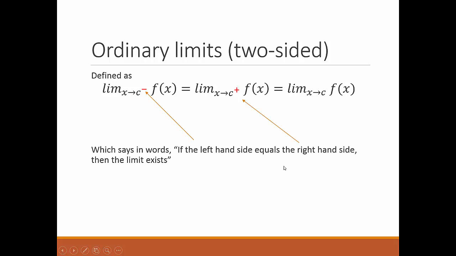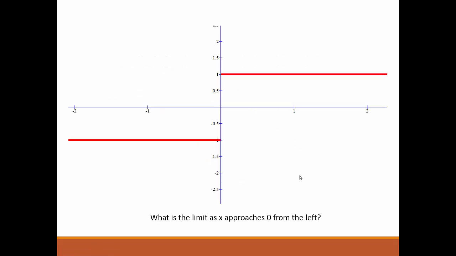So if the left-hand side equals the right-hand side, then the limit exists. This is sometimes how you figure out if the limit exists. Find the left-hand limit, find the right-hand limit. Are they equal? If so, guess what? The limit exists.